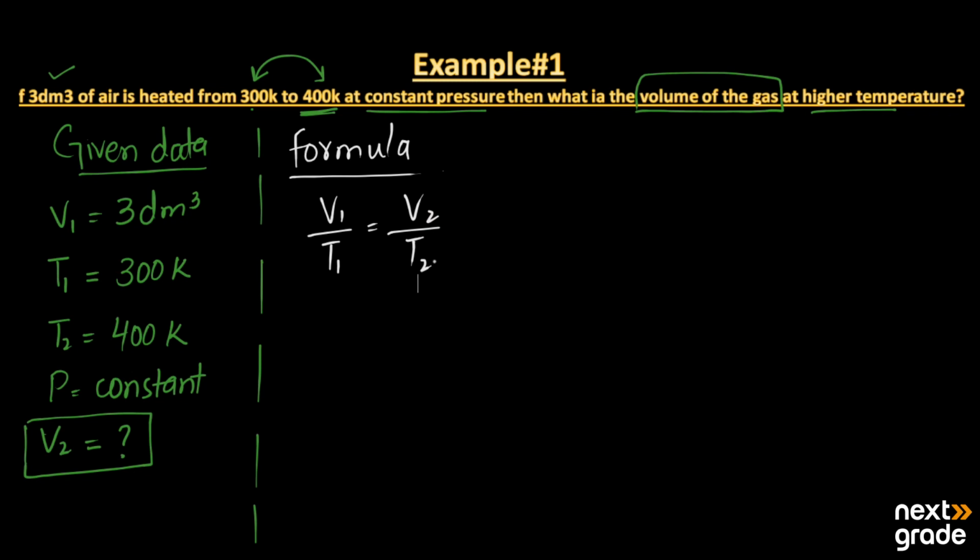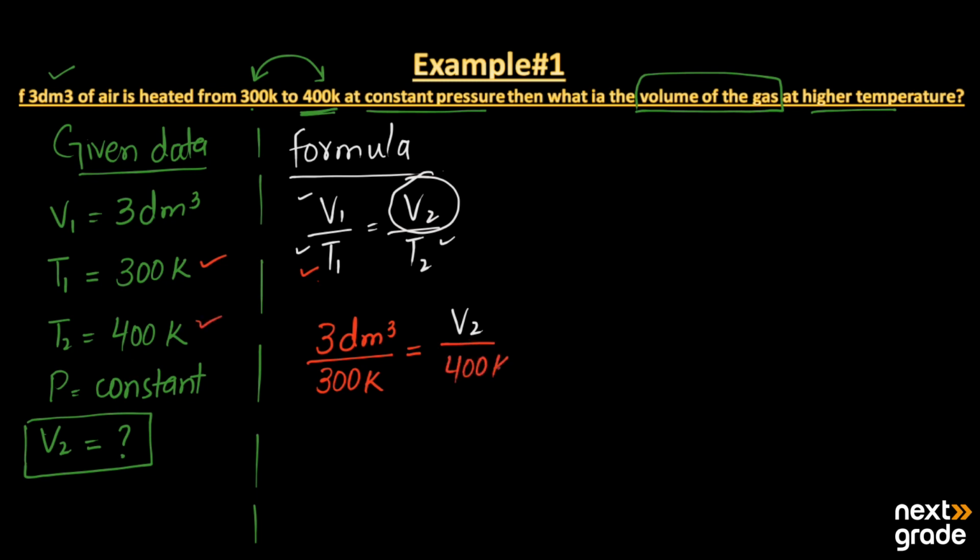We have all the known values: V1, T1 and T2, and we need to find the volume V2. By putting in the values, V1 is 3 decimeter cube, temperature T1 is 300 Kelvin, equal to volume V2 that we need to find, and temperature T2 is 400 Kelvin.